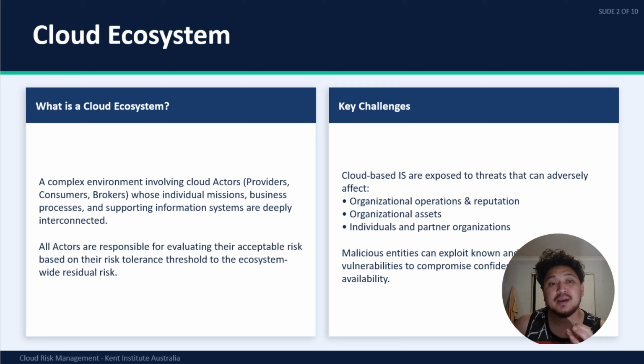A decision made by a provider, say a change in their security configuration, can have a ripple effect on every consumer using their services. Critically, every actor in this ecosystem carries a responsibility.